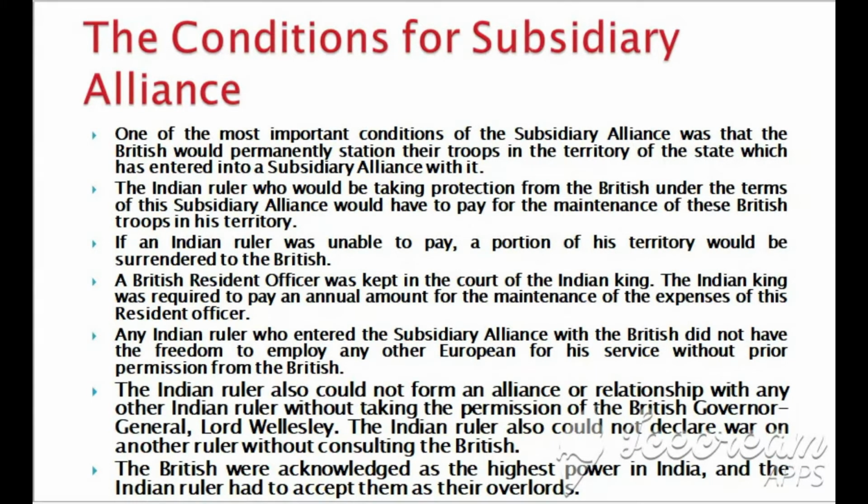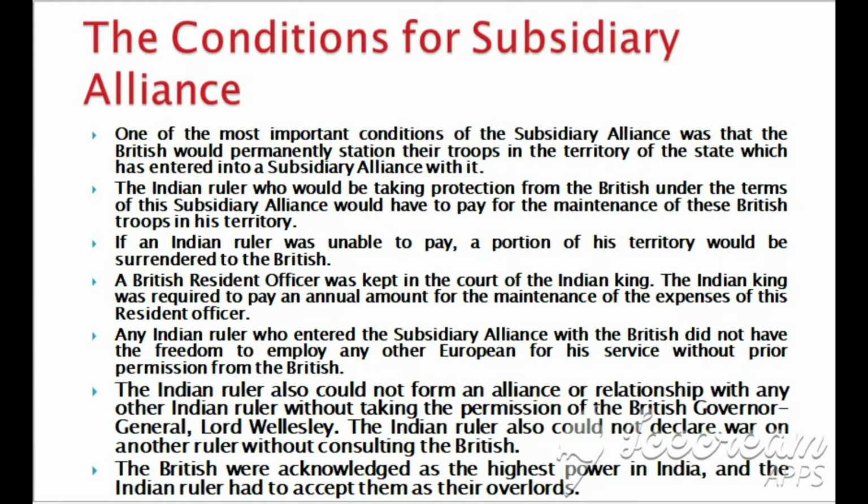Any Indian ruler who entered the Subsidiary Alliance with the British did not have the freedom to employ any other European for his service without prior permission from the British. The Indian ruler also could not form an alliance with any other Indian ruler without taking the permission of the British Governor General Lord Wellesley.